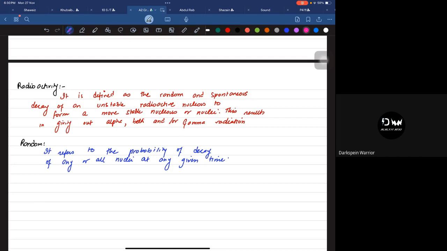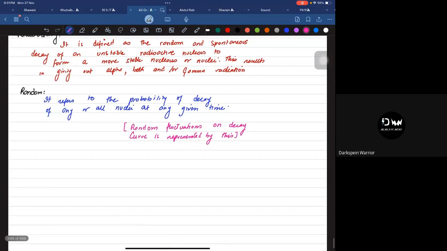This is the reason you will see random fluctuations on the decay curve, represented by this. There will be ups and downs all the time.